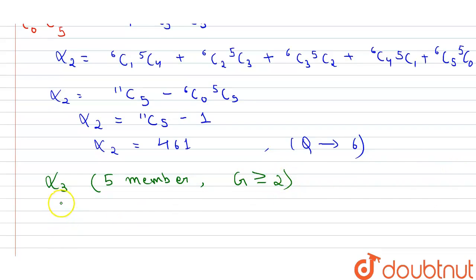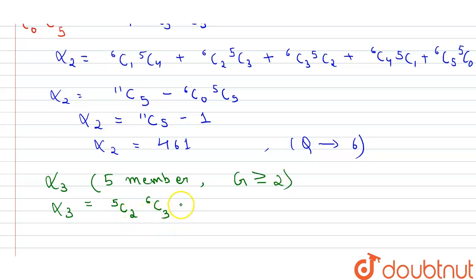Right? So our alpha 3 equals, we have to take at least 2 girls. Our total girls is 5, so 5C2. If we take 2 girls, then boys must be 6C3, because the total number of members in the committee should be 5.